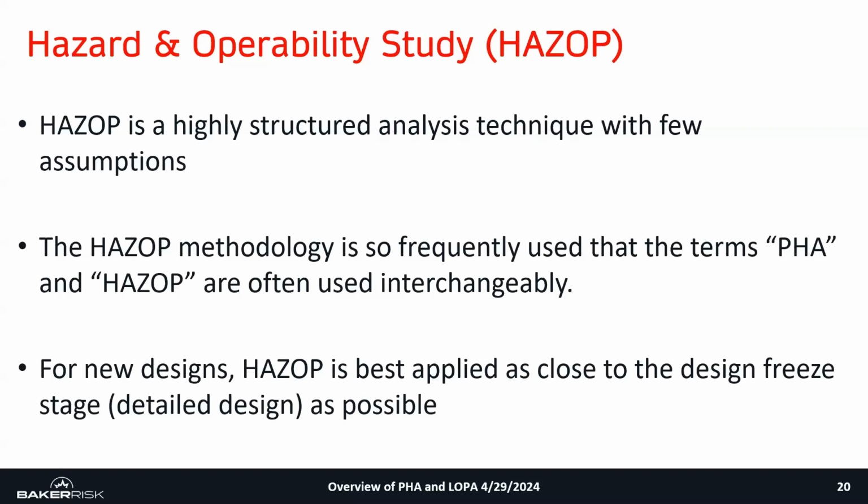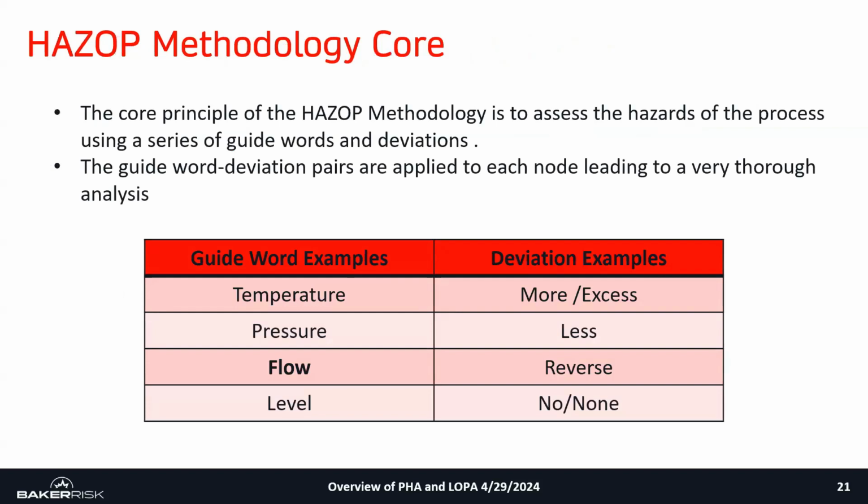And HAZOP is typically used for existing facilities that have fairly complex operations. The core principle of the HAZOP methodology is to assess hazards using a series of guide words and deviations. The guide word deviation pairs are applied to each node, leading to a very thorough and structured analysis.